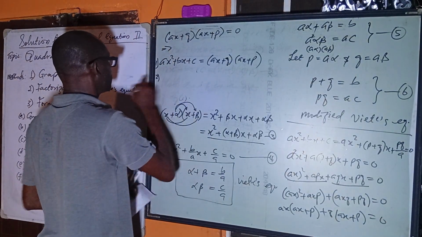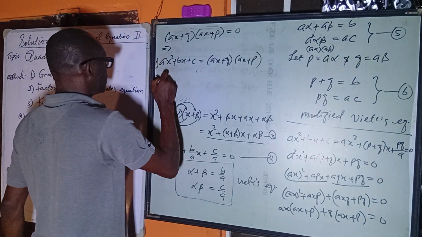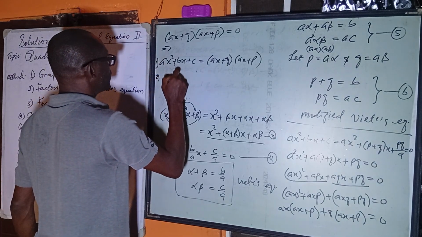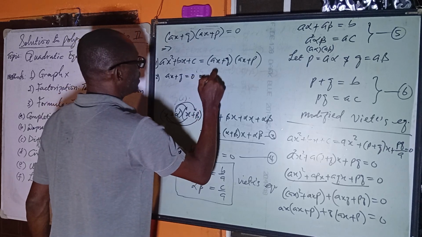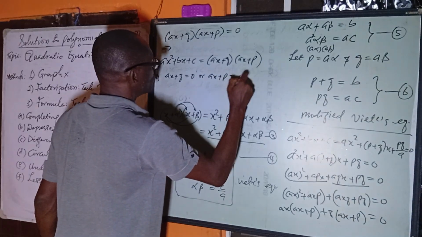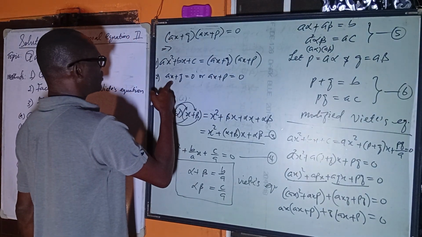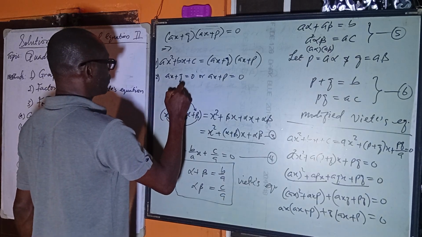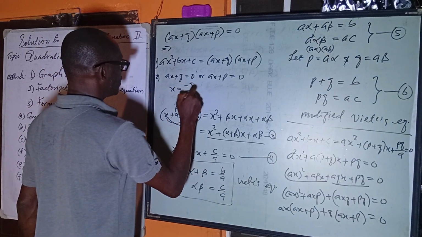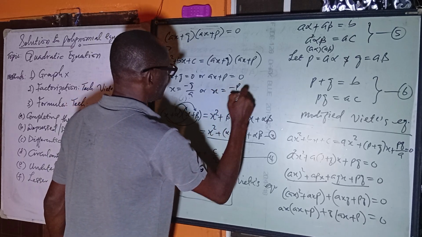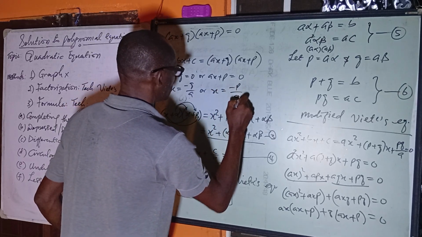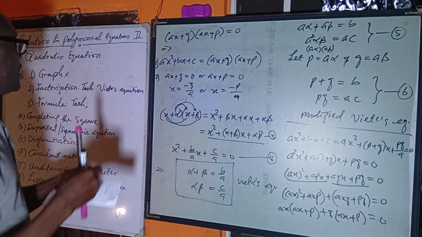Two, it means that ax plus q equals 0, or ax plus p equals 0. If I make x the subject of the formula, I'll have x equals minus q over a, or x equals minus p over a.